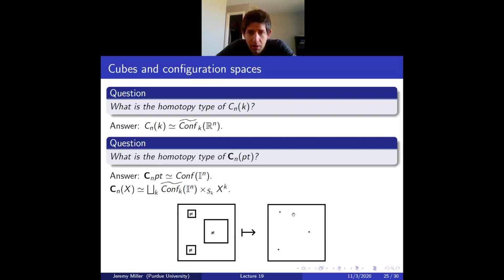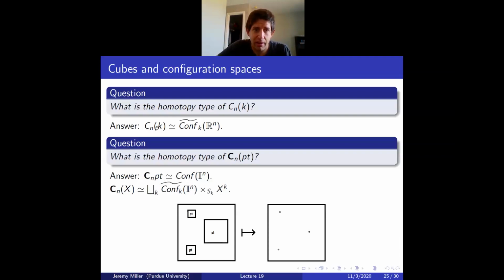So now the only information is the center of mass of the cubes, the size of the cubes doesn't matter, and the labels are just a point. And we're disjoint unioning over K.